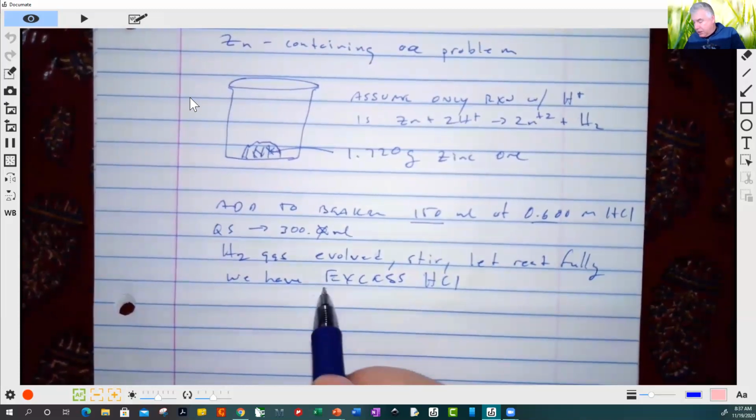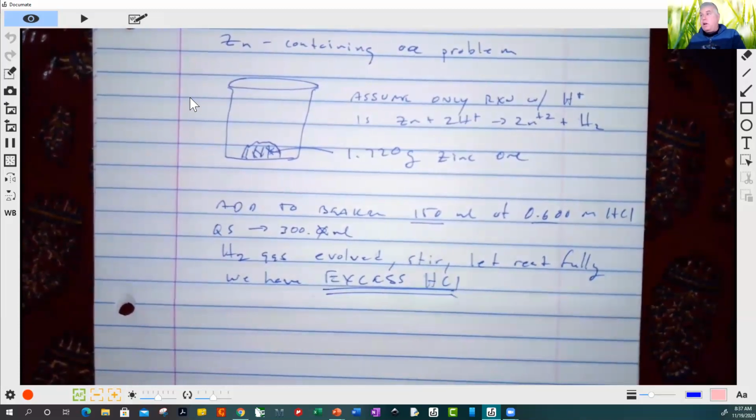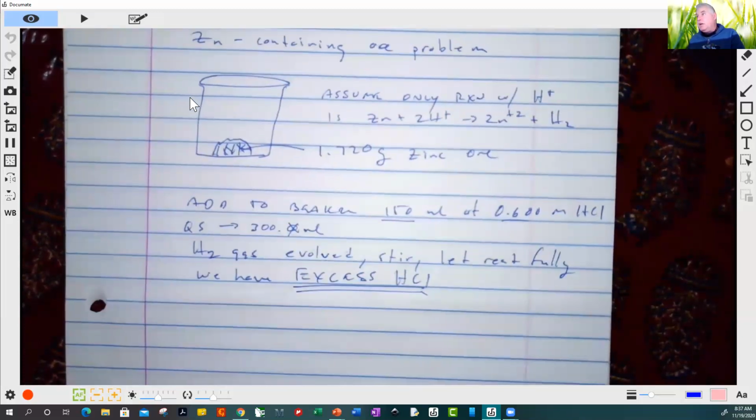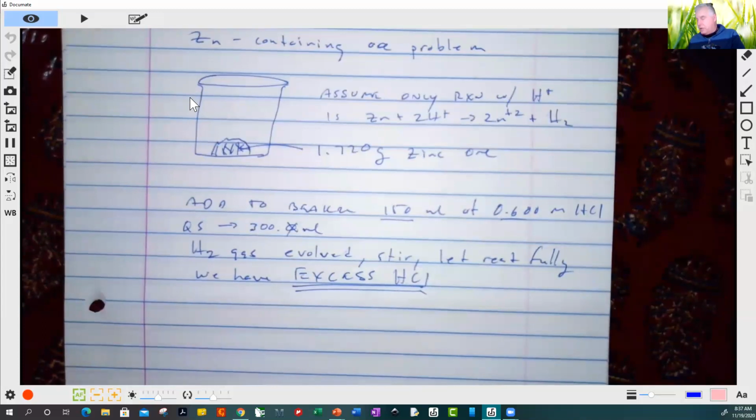This is the key here. In order to determine how much zinc reacted, we need to know how much HCl is left over, right?